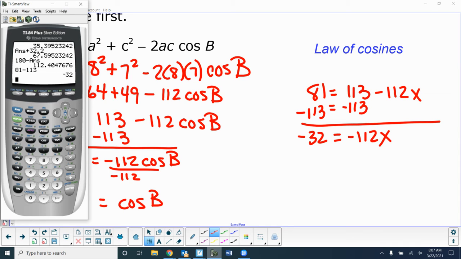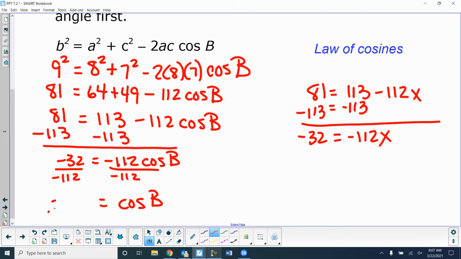So I'm going to go divided by that negative 32. Negative, remember, don't forget. And then it gives us that decimal, 0.2857. So at this point, since we're looking for the angle, we go second cosine.